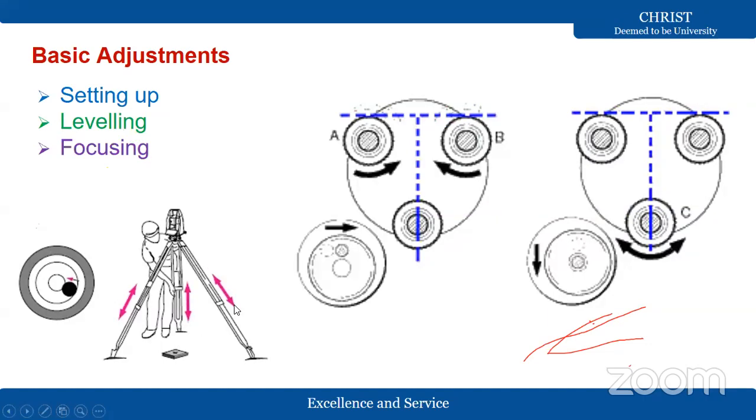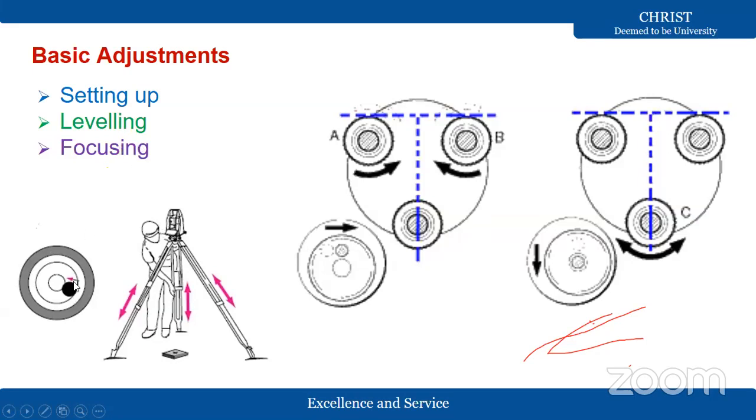You fix these legs, which are movable with reference to the person's height, how tall you are. Then focusing: you fix the focusing of the object frame so that you can see the earth surface features. Whatever staff you observe will be clearly visible within the crosshairs. Crosshairs should be visible properly.